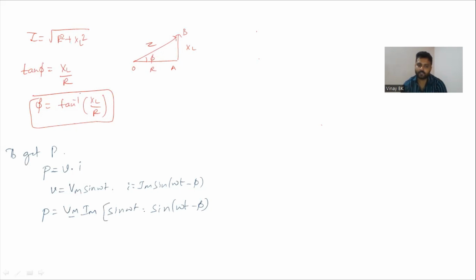So these two, sine A into sine B, is a trigonometric formula, which is given by 1 by 2 into cos A minus B minus cos A plus B. So I can rewrite it as Vm Im divided by 2 into cos A minus B, whereas A is nothing but omega t and B is nothing but phi.